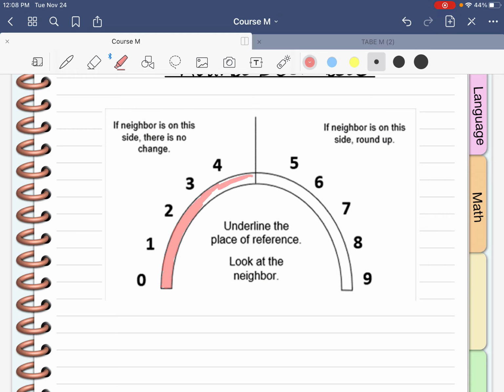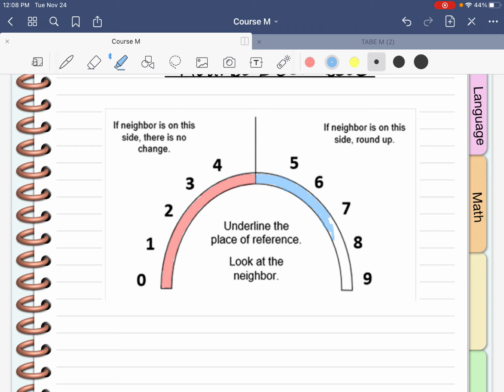And on the rounding hill, remember we have to look at points of reference and neighbors and all that good stuff. If the neighbor is from 0 to 4, you don't change, you don't round up. If the neighbor happens to be on this side of the hill, 5, 6, 7, 8, or 9, then you will round up your place of reference.